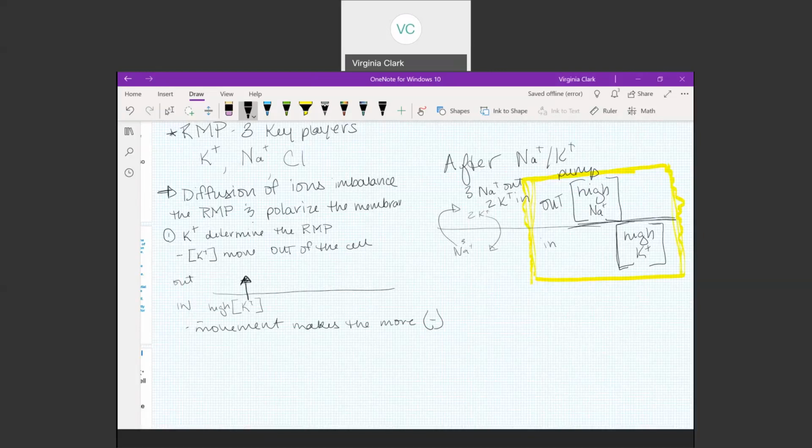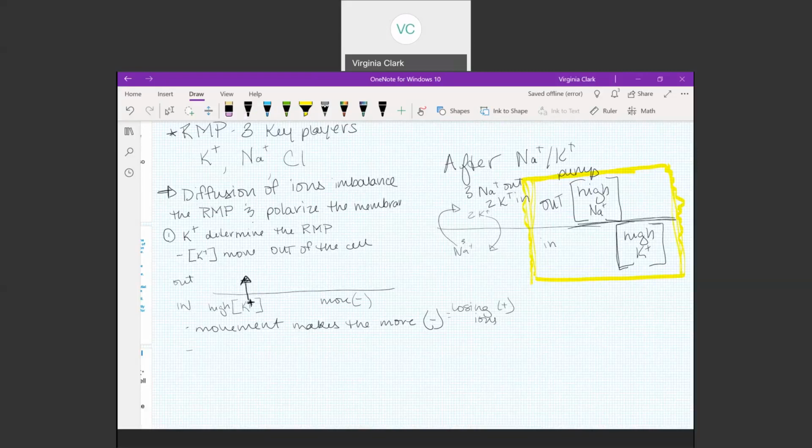We are moving a positive ion. If you move a positive ion out, you're losing positive ions, which means the inside of this plasma membrane will become more negative.